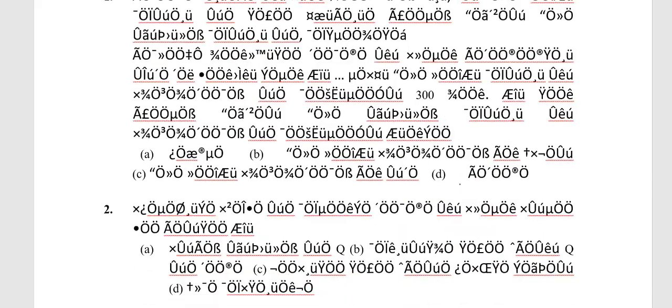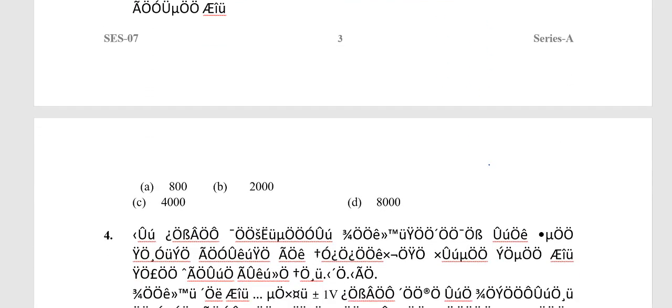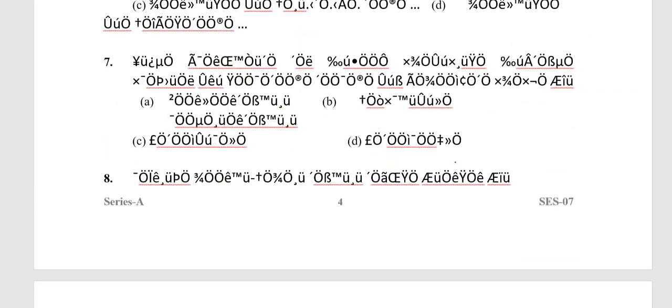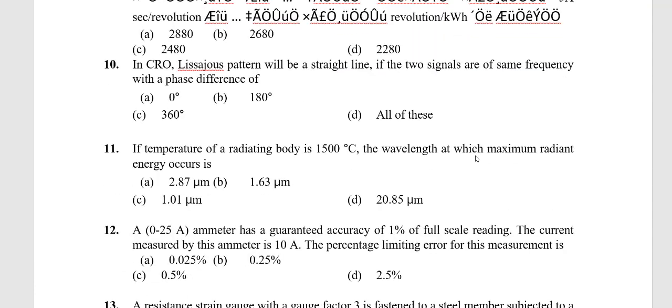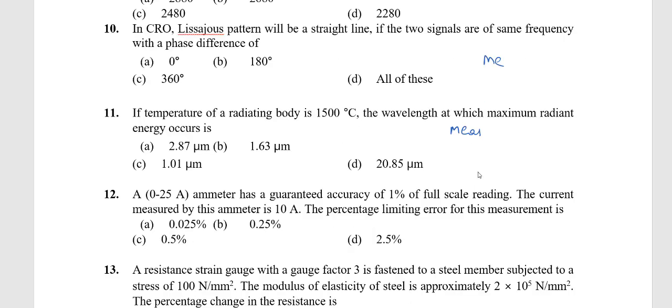They have a Hindi section also, so as our software is not compatible with Hindi, it's showing some zeros and ones. And this one also measurements. No, this is a basic question.